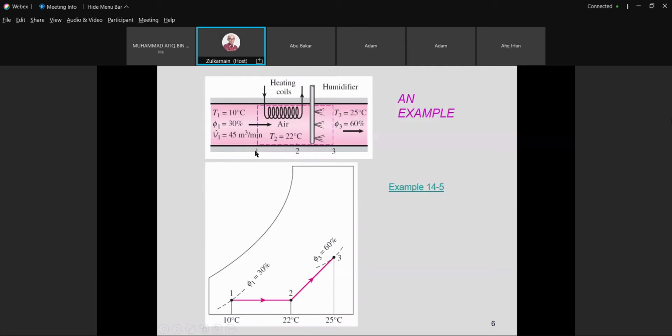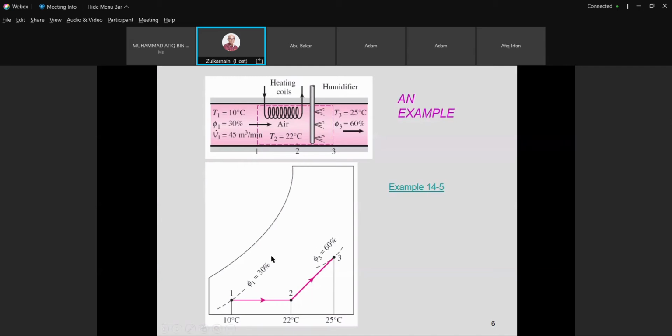Then we have state 2 where we heat it up to 22 degrees, so T2 is 22 degrees. After that, we sprinkle to add moisture content. So it's going to bring up the temperature to T3 of 25, and we bring up the relative humidity to 60%.